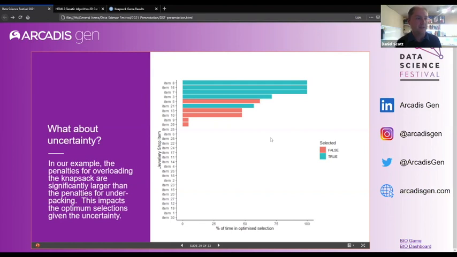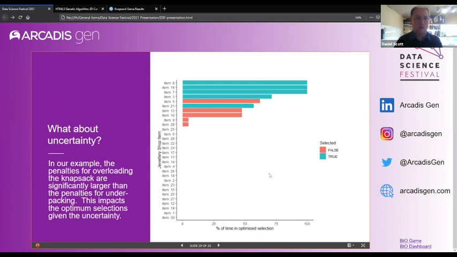And that makes a big difference to what we choose as the optimum items to select given the uncertainty. So we end up choosing a different selection. The first 4 and the 6th item are the ones that we would choose, purely because we have an asymmetrical problem with not wanting to lose everything that's in the bag as we try to escape from the police.